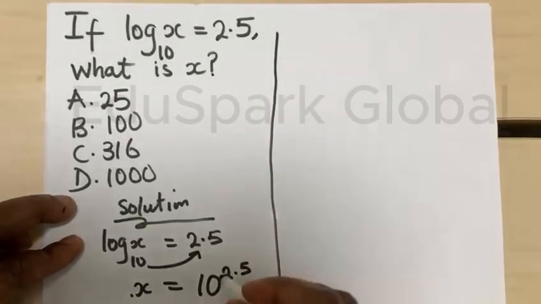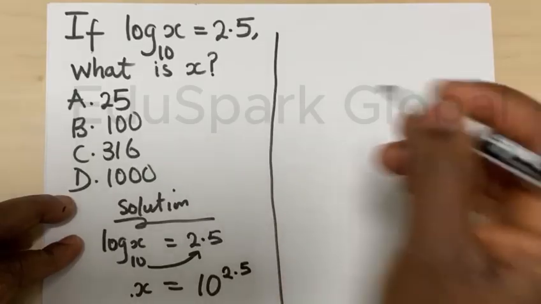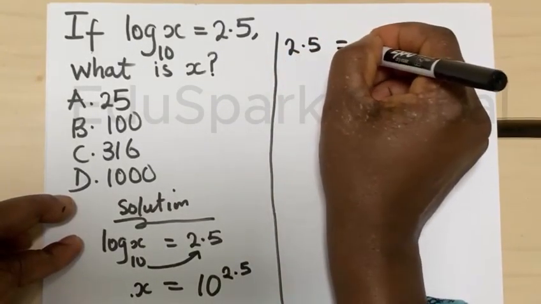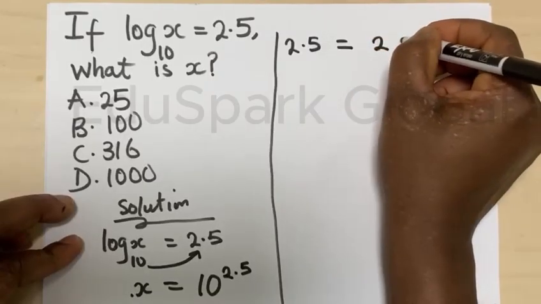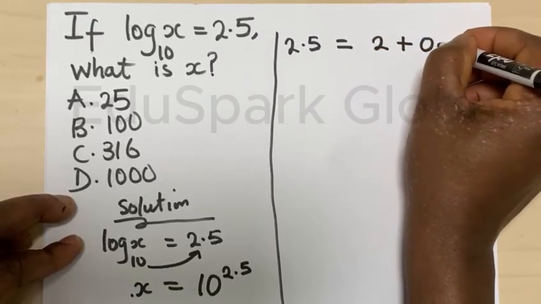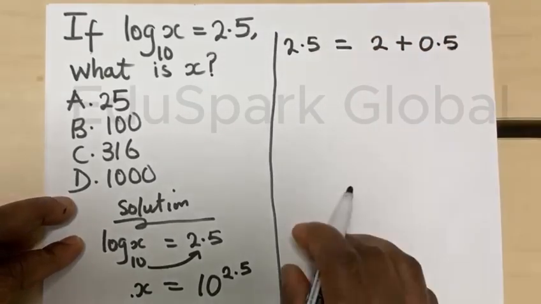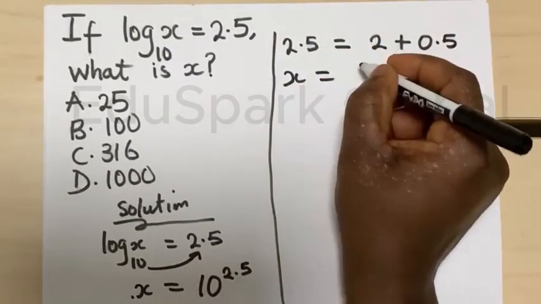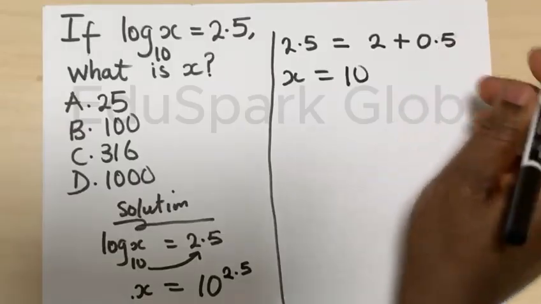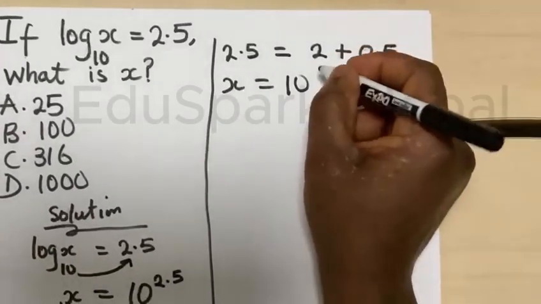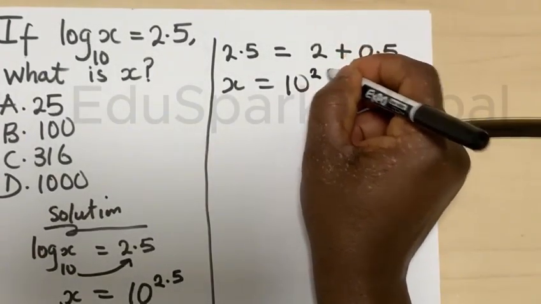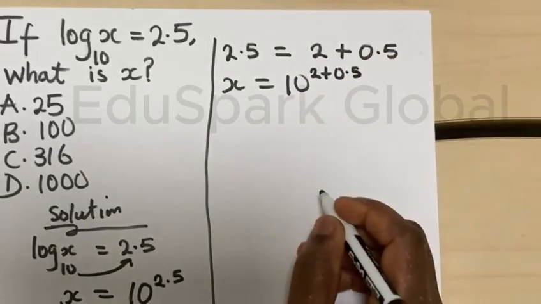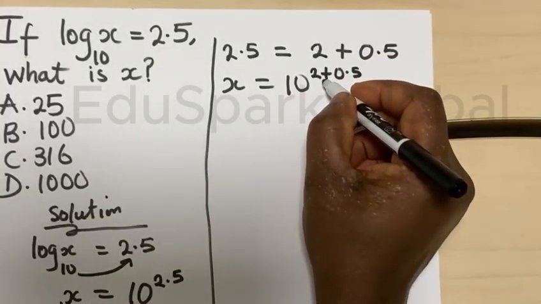Now if we have 10 to the power of 2.5, remember that 2.5 is the same thing as 2 plus 0.5. So we can rewrite it as x equals 10 to the power of 2 plus 0.5.